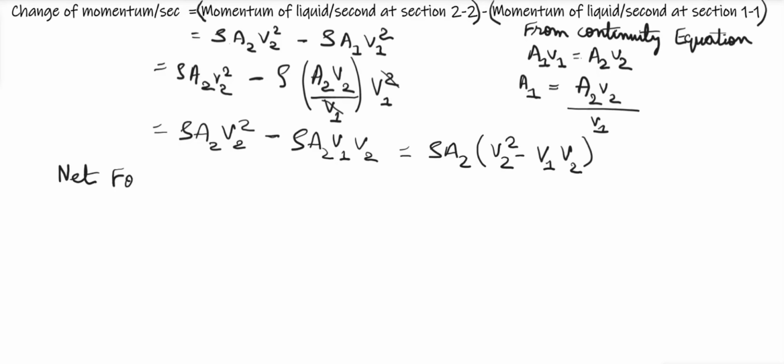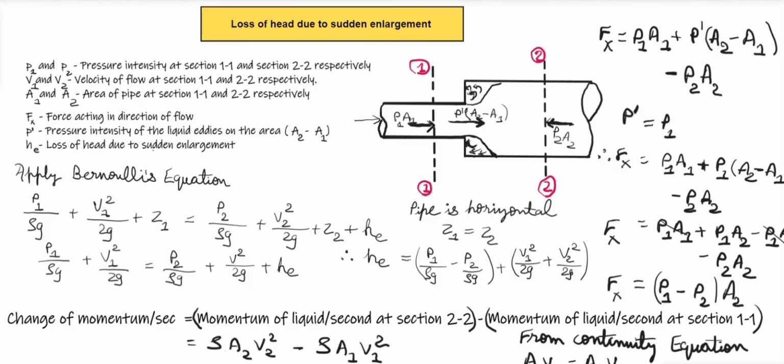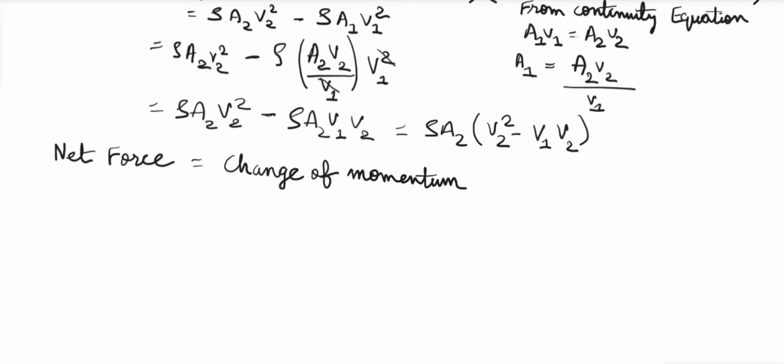Then we have the net force, and this net force is equal to change of momentum. We have already found both of these things. The net force we had got as P1 minus P2 into A2, and change of momentum we have got as rho A2 into V2 square minus V1 V2.